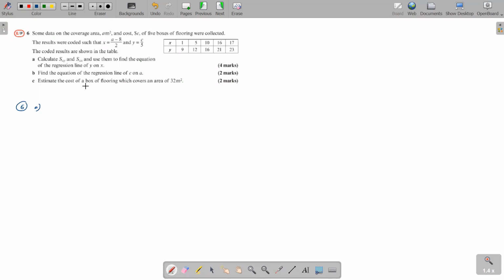So the first thing you should do is get the summary statistics. You can see the x and y values are given here. You guys know what you should do. Go to the calculator, go to stat mode and give the data set. So you're supposed to get what? Sigma x squared, sigma x, sigma y and sigma xy. We need these 4 summary statistics. I have shown you now in several questions how to get these summary statistics.